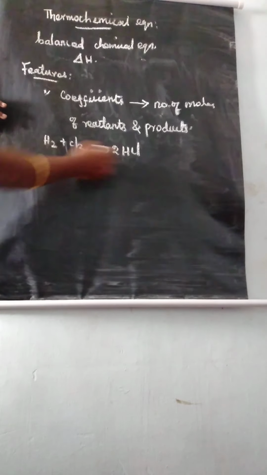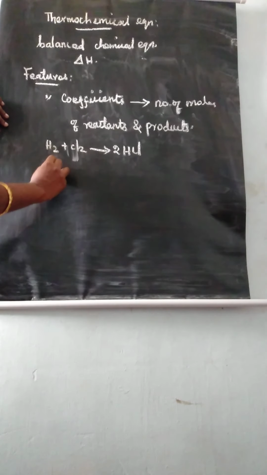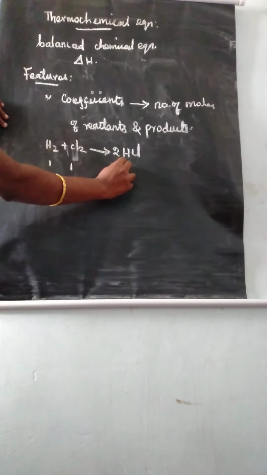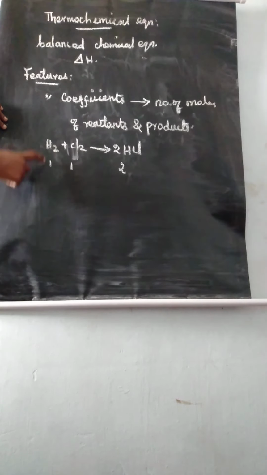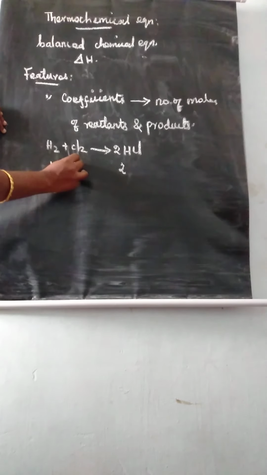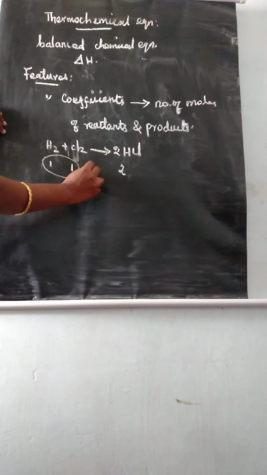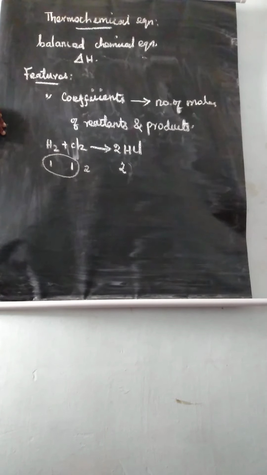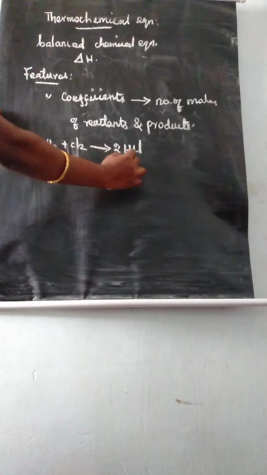So here the number of moles of reactant is hydrogen 1, chlorine 1, and hydrogen chloride 2. So moles of reactants 1 plus 1, 2, and moles of products 2. This only we are telling coefficients.